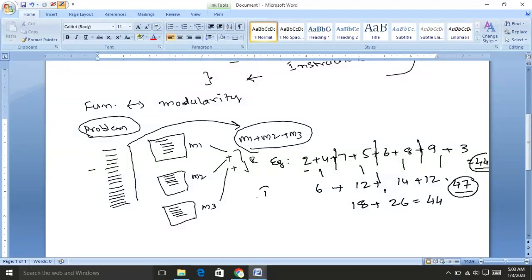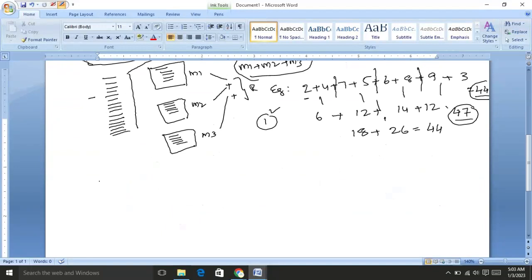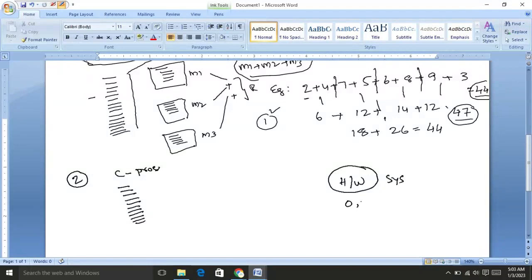This is the reason we use functions. The second reason: we know that C language is a high level language and we write the C code or C program. It is not understandable by the hardware, because the hardware or system can understand only the language in zeros and ones, that is machine language.